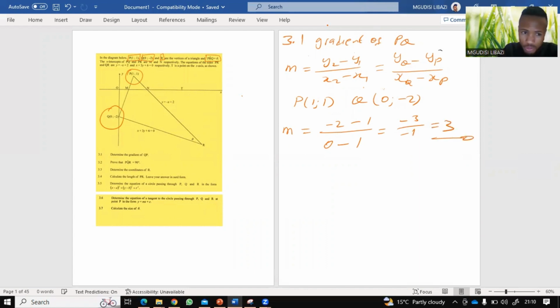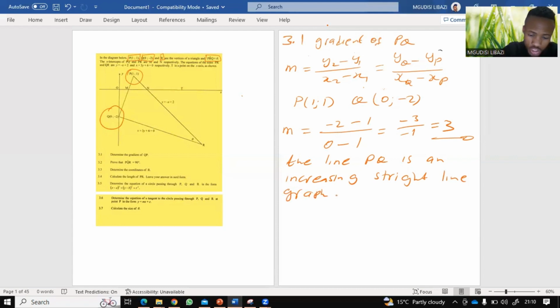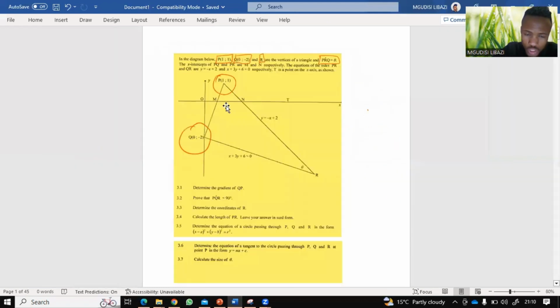So that is the gradient for that line. It should be positive because the line is slanting upwards towards the right. The graph for the line PQ is an increasing straight line, because the gradient is positive. So that's what we get.